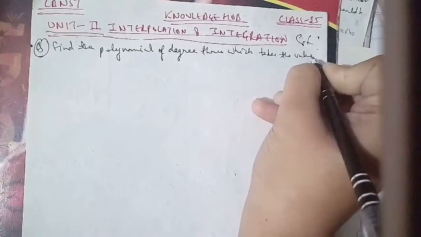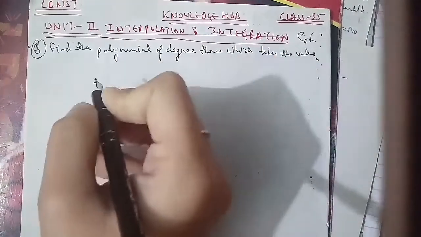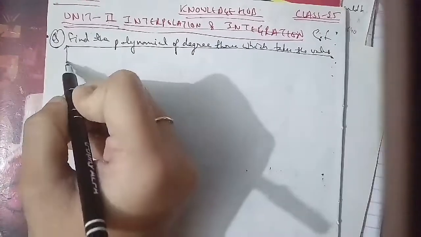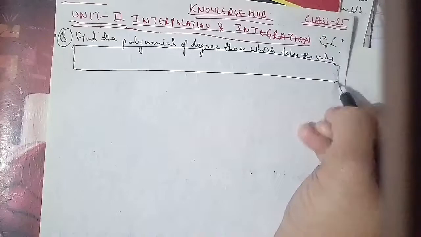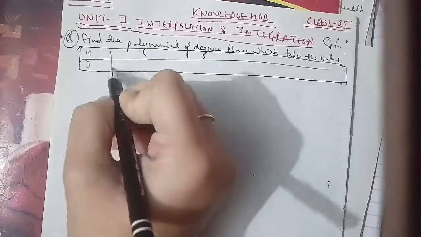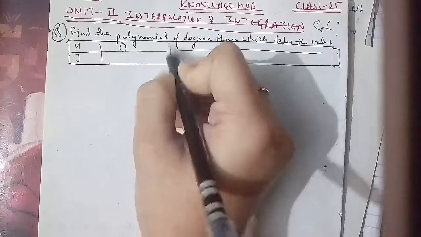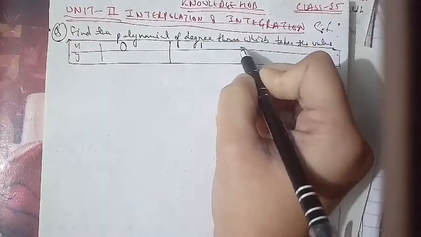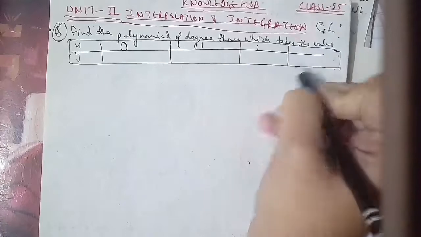The data we get is as follows: x and y. x is 0, 1, 2, 4, and y is 1, 1, 2 and 5.